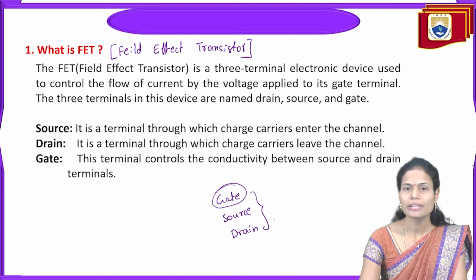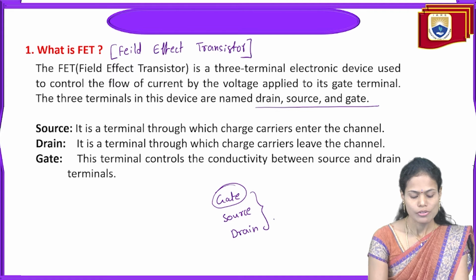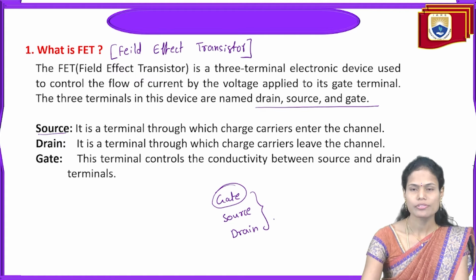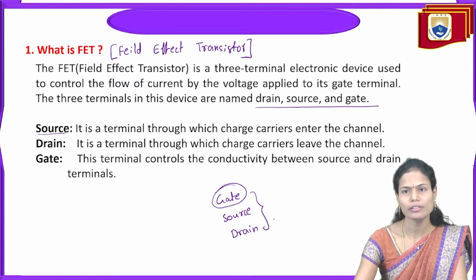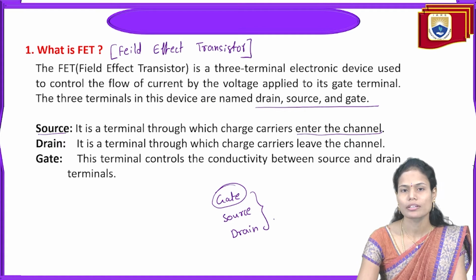So what are the basic functions of the 3 terminals of the FET? We will see now. Source: the first terminal is the source. It is a terminal through which the charge carriers enter into the channel. Through the source terminal, the majority charge carriers will enter into the channel. Drain: the second terminal is the drain terminal.